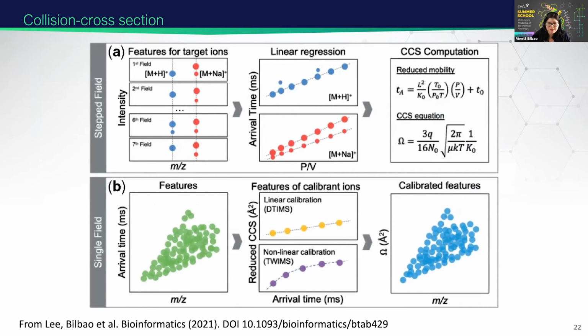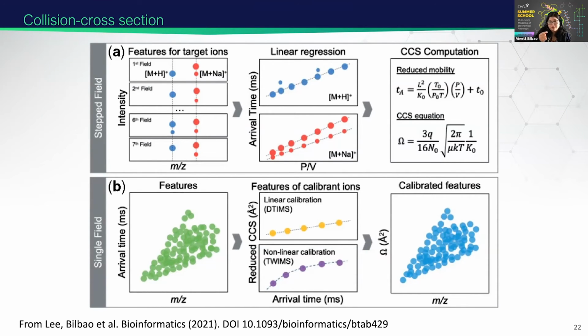There are basically two methods to calculate the collision cross-section. The step field method, on the top, is the only commercially available method that allows measuring the collision cross-section without using any internal ion as calibrant.